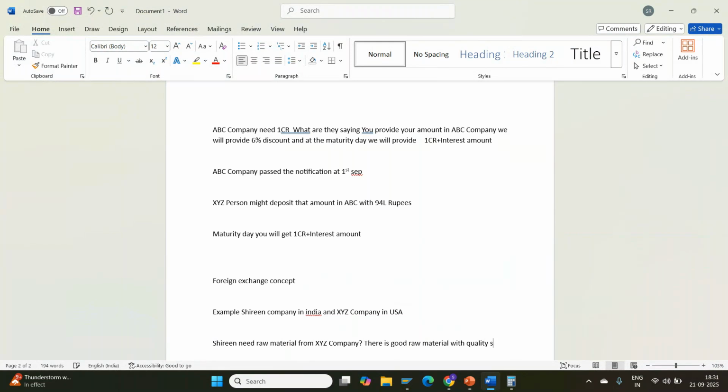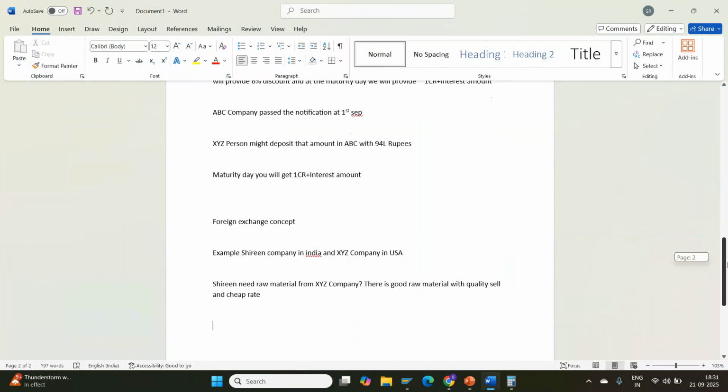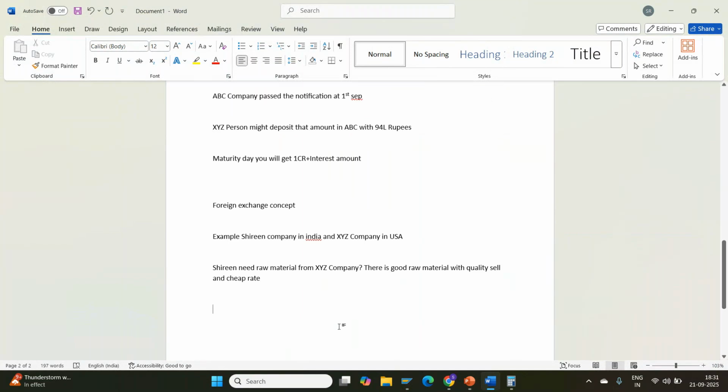Quality product and cheap rate. See, cheap rate. Now what will you do? For example, XYZ will use USD dollar and Sheeran company will use Indian rupee. Now, how will you translate?